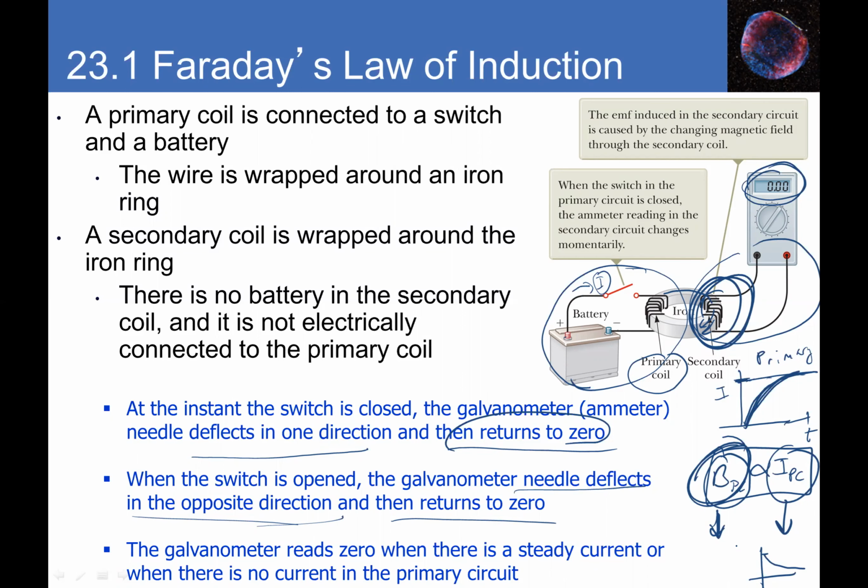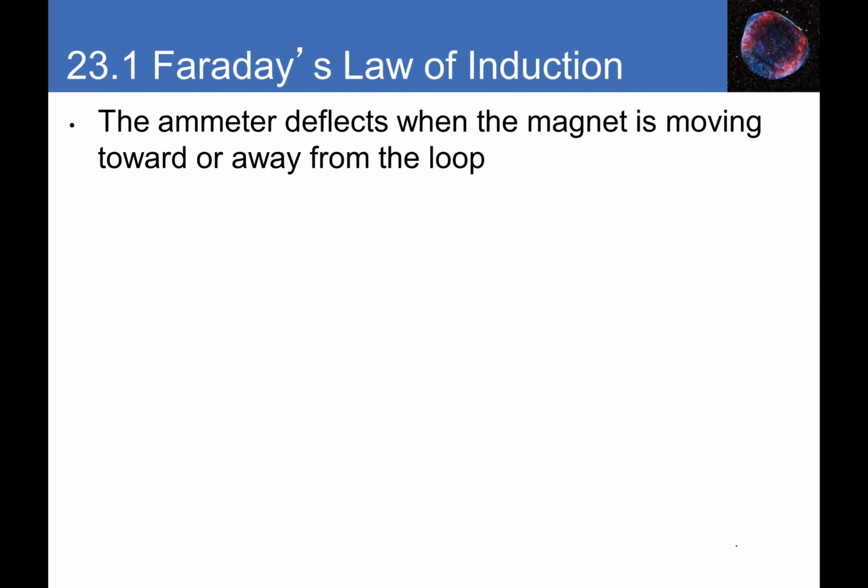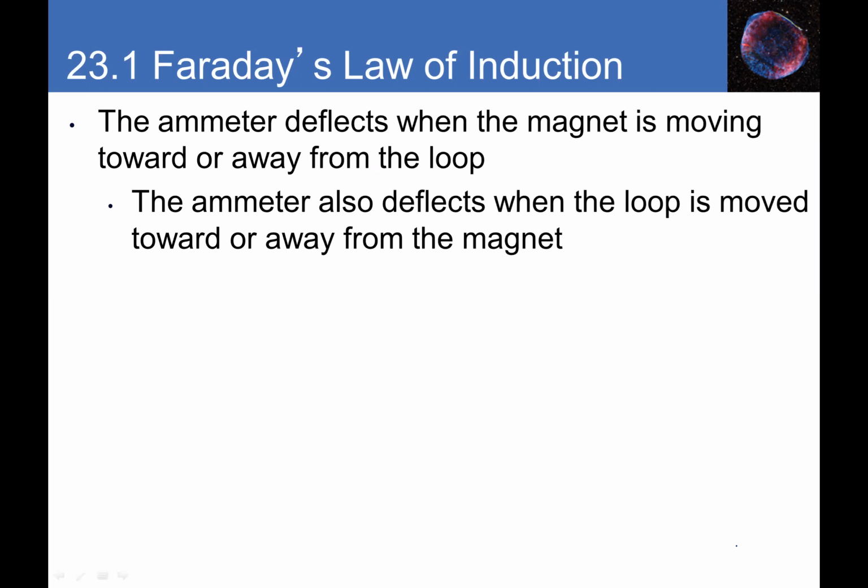All right. So the ammeter deflects when the magnet is moving toward or away from the loop, that was the first setup. And the ammeter also deflects when the loop is moved toward or away from the magnet. By the way, I talked about this too, for the first setup. It doesn't matter if you move the magnet toward the loop or the loop toward the magnet.